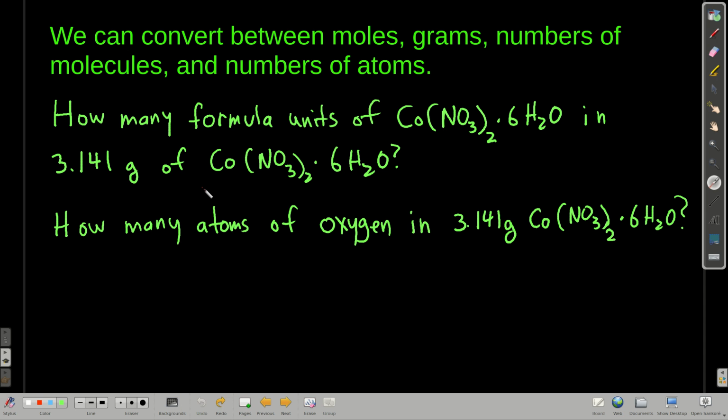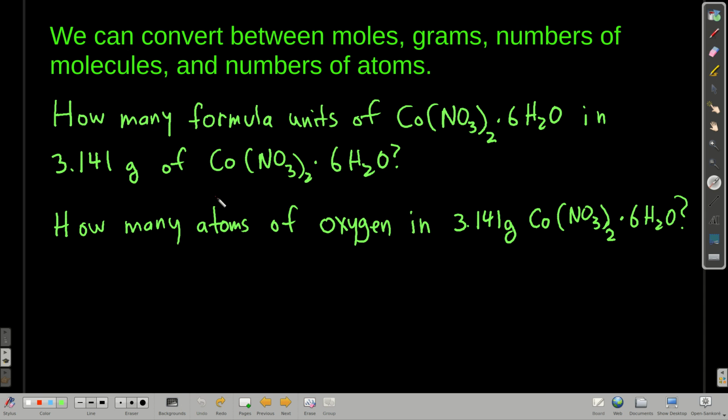What we've already calculated is the molar mass of this compound. And what that lets us do is convert from grams to moles. And if we know how many moles of something we have, we know how many individual things. That's Avogadro's number.